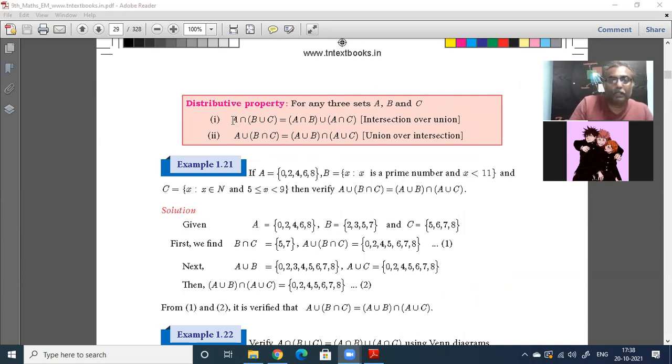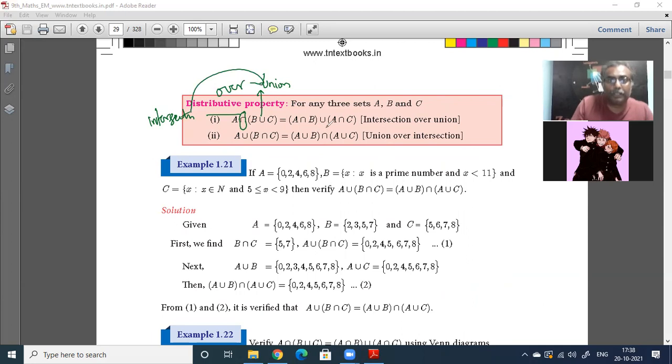Now, what is the first thing telling? What is outside? This is intersection, correct? What is inside? Union. So this is the distributive property of intersection over union.